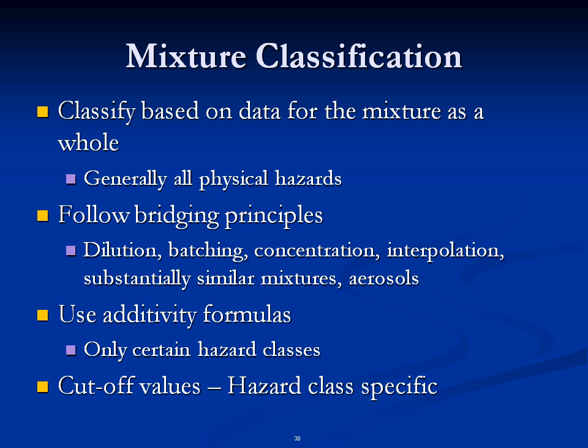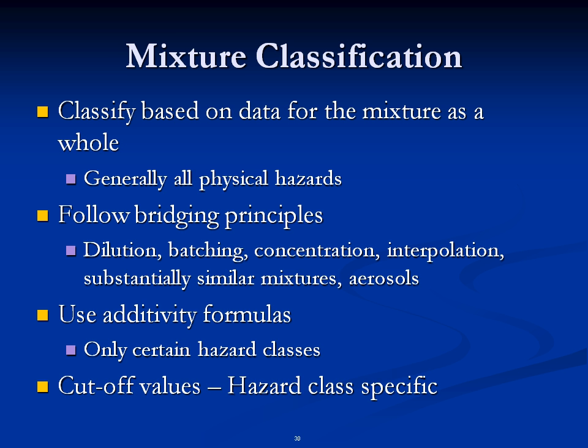But basically the concept of doing mixtures is that for physical hazards, we're going to mostly test the mixture as a whole. Now there are a few hazards in the GHS that have some rules about how you can calculate the hazards of mixtures from a physical hazard standpoint, but for the most part you're going to have to test the product as a whole. So if your product has flammable constituents, you're going to probably need to do a flash point.